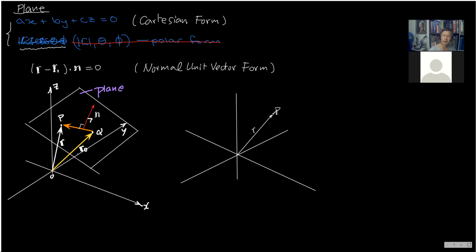In polar coordinates, you can use this angle. This is theta, right? This is Y. This is X. It's called a polar. This is Z. Now in this case, you need another angle, which is a direction between the Z axis, right? Can we use a phi here?